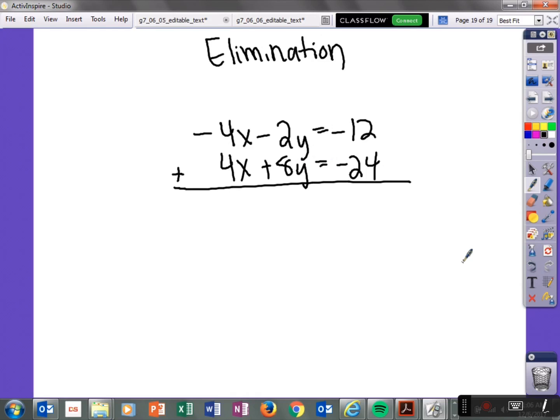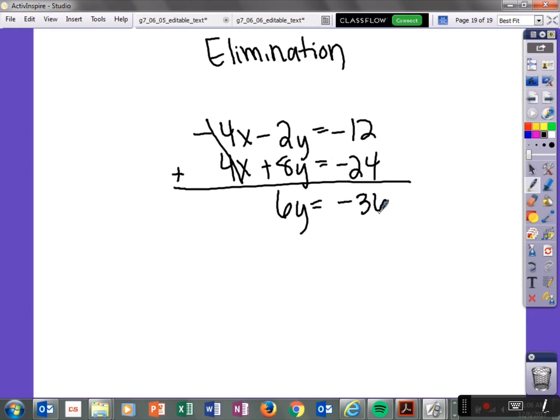0. 0x, which is just nothing. There is no x anymore. They literally eliminated. So all you're left with is y. -2y plus +8y would give you 6y equals, the equal sign just comes straight down, -12 plus -24, -36.